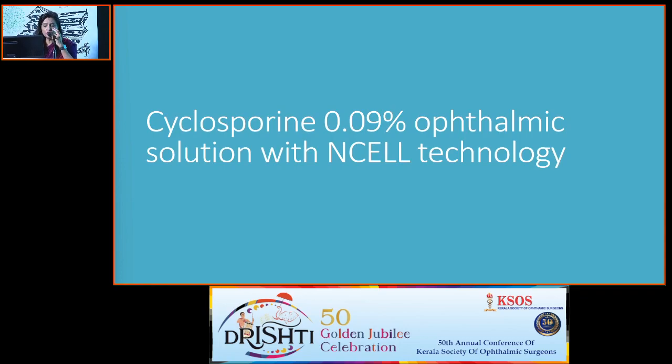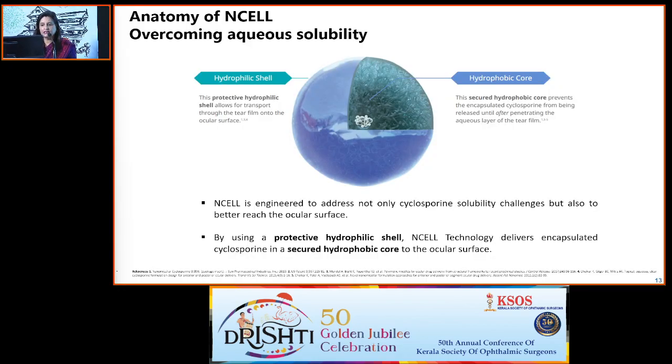Now, cyclosporin 0.09% is an ophthalmic solution made by nano-micellar technology, which has a hydrophilic shell. This allows transport through the tear film onto the ocular surface, and it has a hydrophobic core, which prevents the encapsulated cyclosporin from being released until after penetration into the aqueous layer.